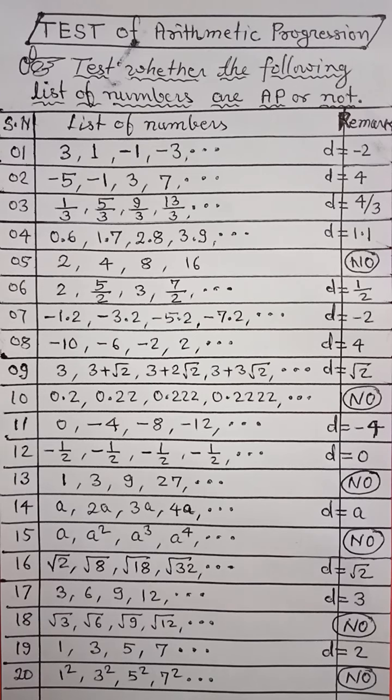If a sequence has the property that any term minus its preceding term is constant throughout, that type of sequence is called an arithmetic progression, and that difference is known as the common difference of the arithmetic progression, and it is generally denoted by d. If we don't find any d, that may be a sequence but not an arithmetic progression.